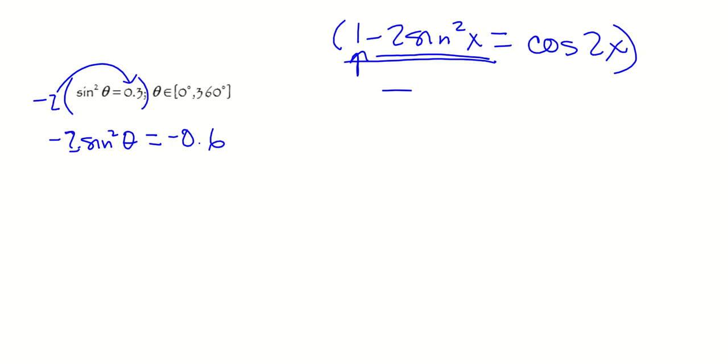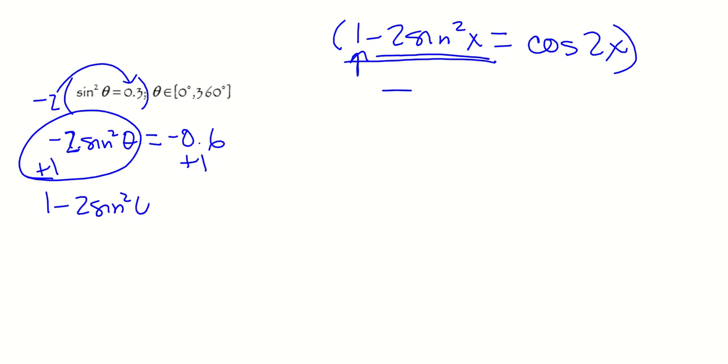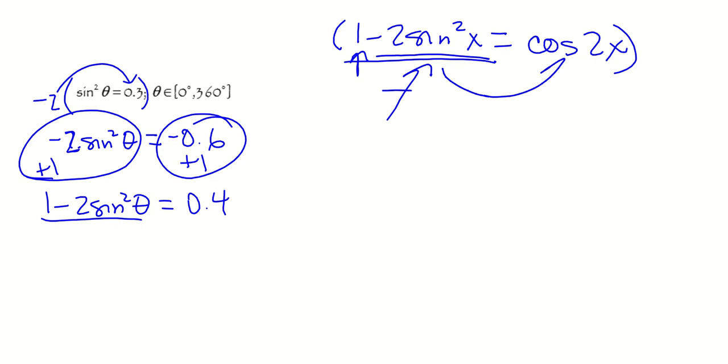If I add 1 to both sides of this equation, then this is equivalent to having 1 minus 2 sine squared of theta equals negative 0.6 plus 1, which is positive 0.4. Well, now, what does 1 minus 2 sine squared of theta equal? It's the same thing as the cosine of 2 times my angle. So I can replace that with the cosine of 2 theta using my double argument identity.